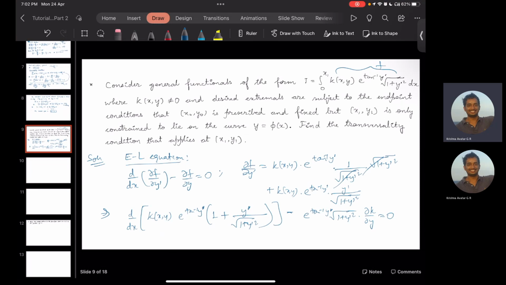Okay, now let's just check what I have written till now. So this implies tan inverse y prime into dy. Okay, this cancels out. Sorry, I think I have committed a mistake here.